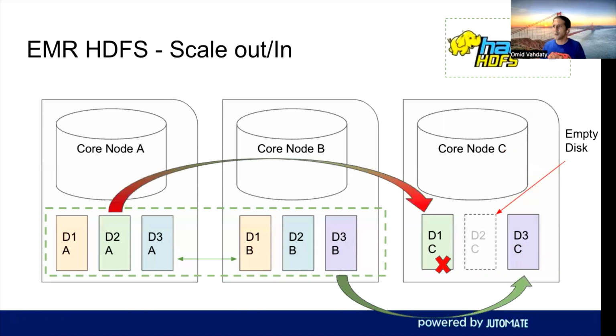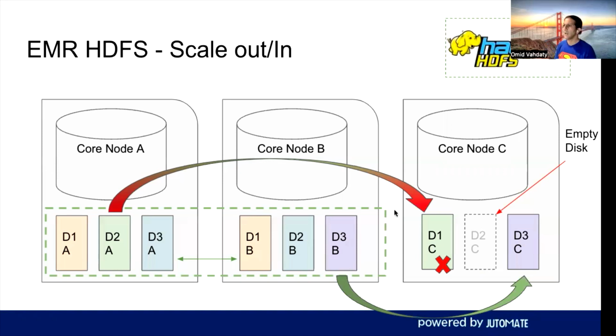So what happens when you scale in and out? Let's take a simple scenario. You have a two core node scenario, A and B, and you want to add another core node. It's a scale out scenario. It's a trivial scenario in the cloud.